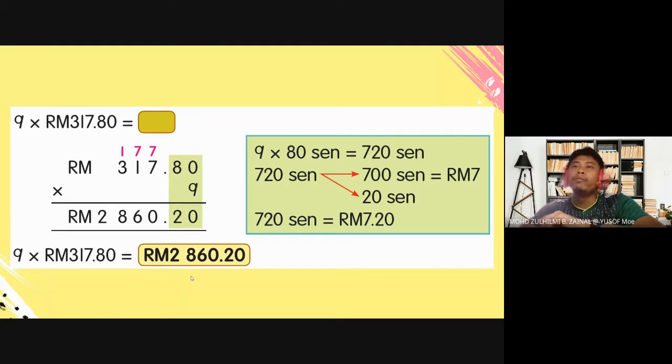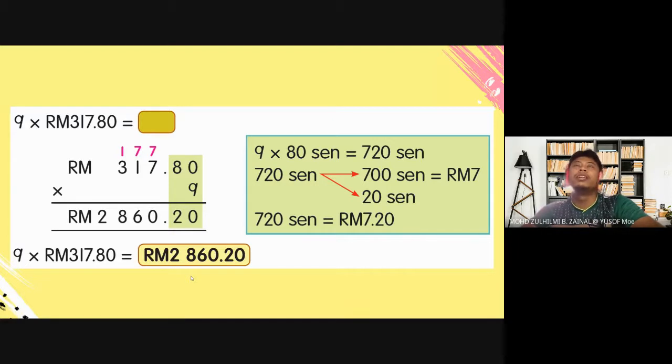Tapi you have to remember, there will be no 720 sen. You have to change them. 720 sen is RM7.20. Okay, kena ingat. There won't be 700 sen. They only have until 90 sen, 95 sen, 99 sen.